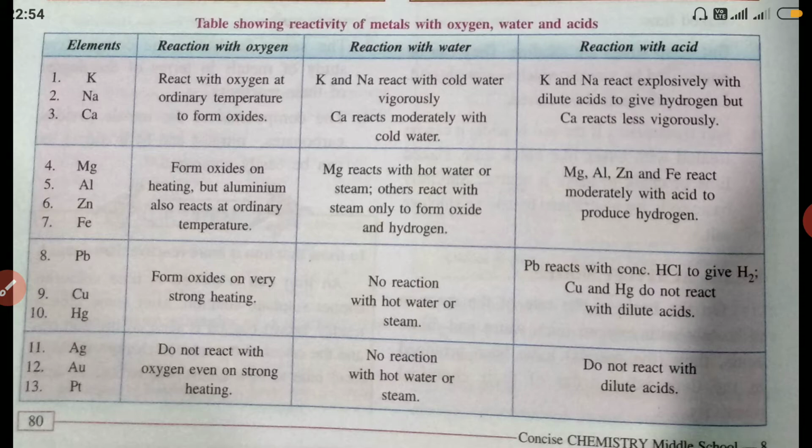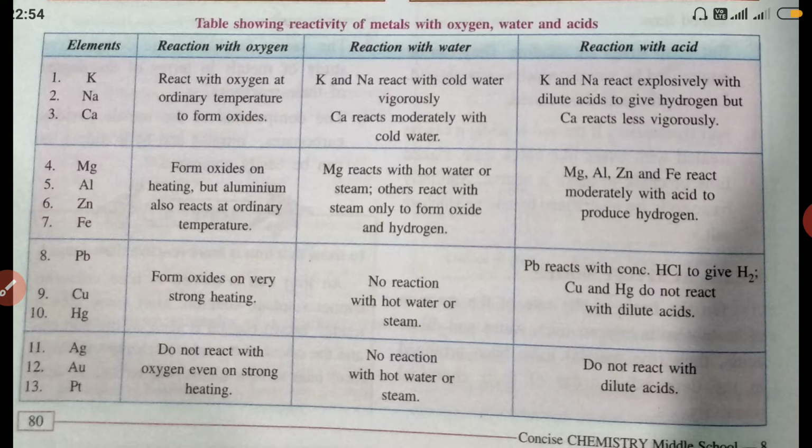The next group we have is lead, copper, and mercury. They are slow kind of elements. We get lead oxide, copper oxide, and mercury oxide on very high heating, which here means around 350 to 400 degrees Celsius. They do not react with water, nor with hot water or steam.